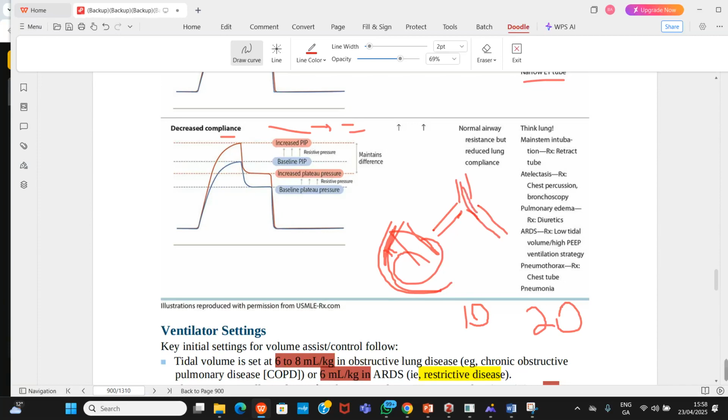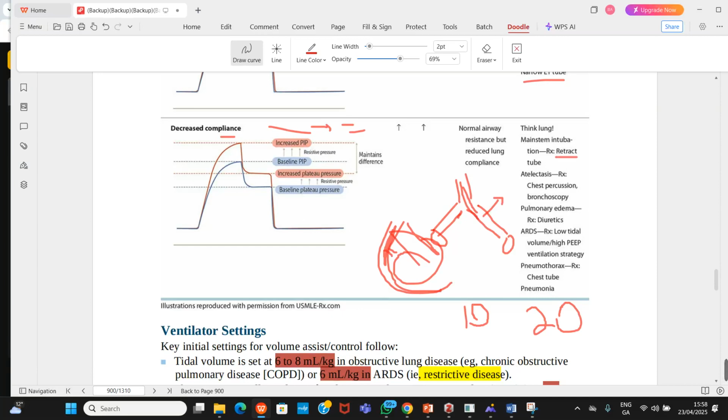But if you do a main stem intubation, the tube goes like this. This is the left bronchus, and this is the right bronchus. If the person intubates like this, this is a main stem intubation, a right main stem intubation. Now what is going to happen is that all the air is going to be delivered to this right lung. There's nothing that is going to be delivered here.